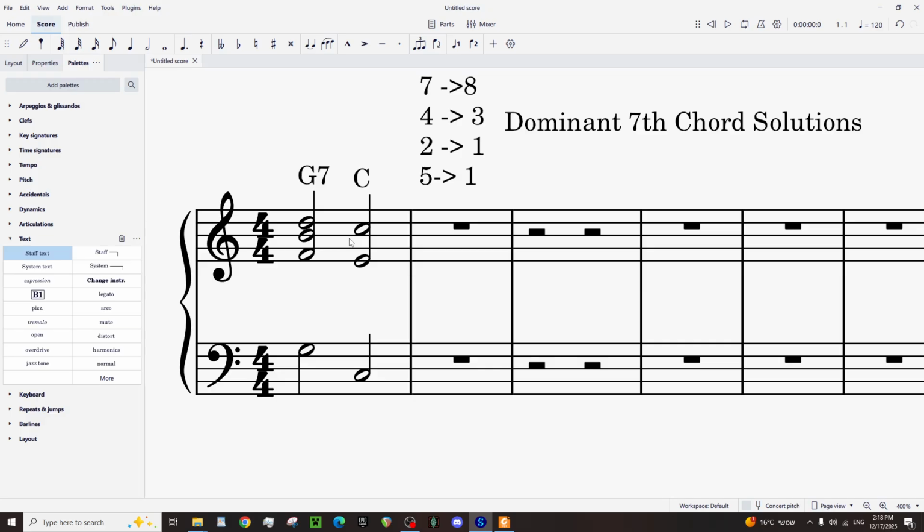Basically, there are only 3 notes, not 4.